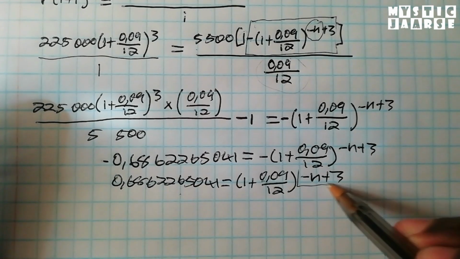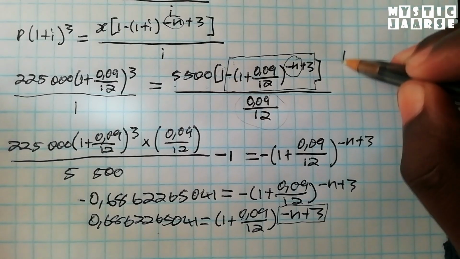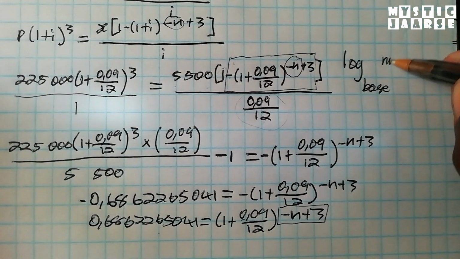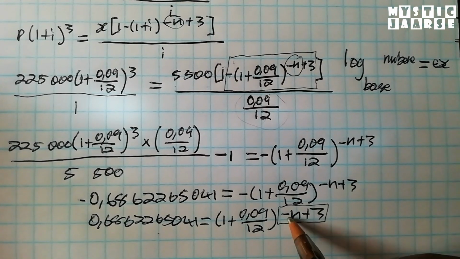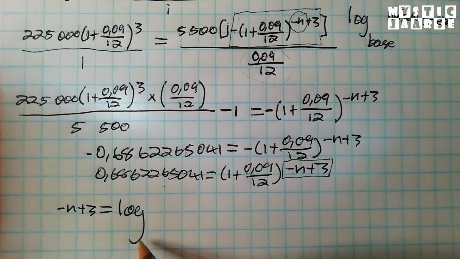Now what we are solving for is an exponent, right? We are going to use log. So log base number is equal to an exponent. Now our exponent is negative n plus 3, right? Negative n plus 3 is our exponent, is equal to log.